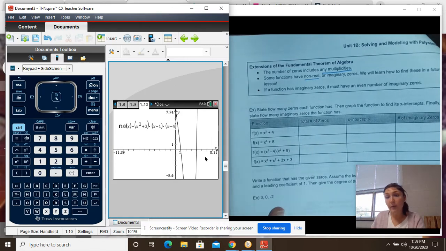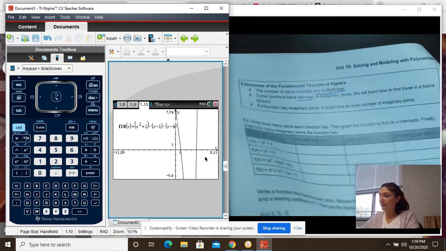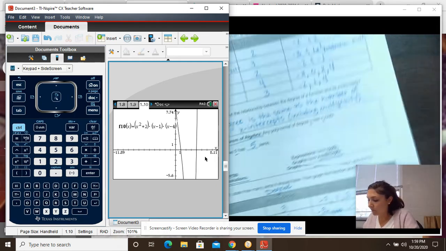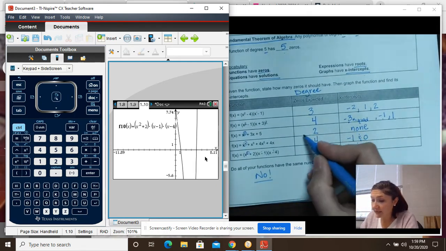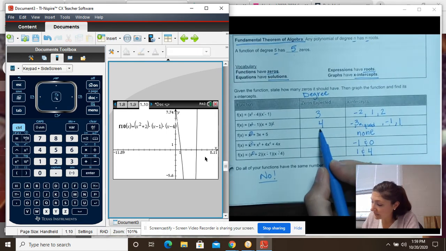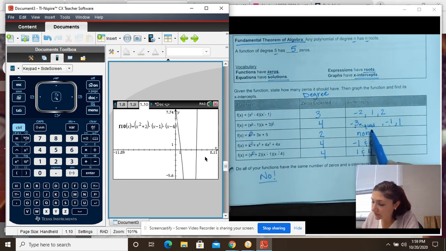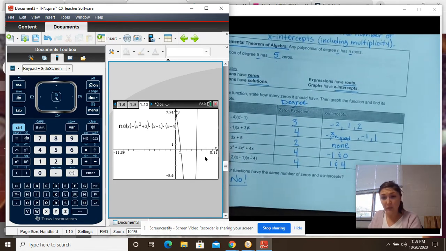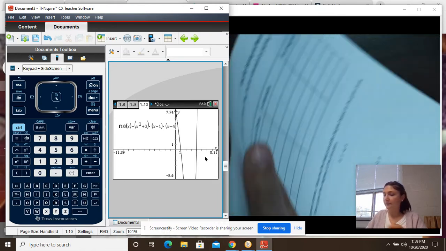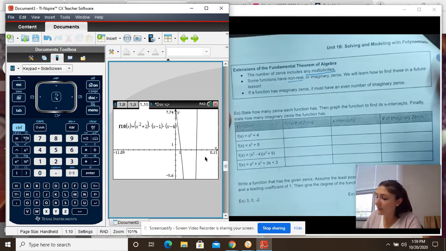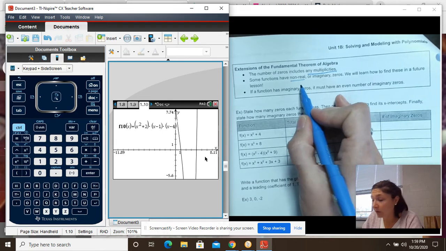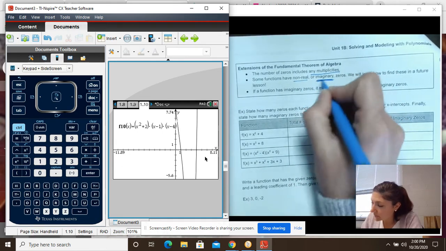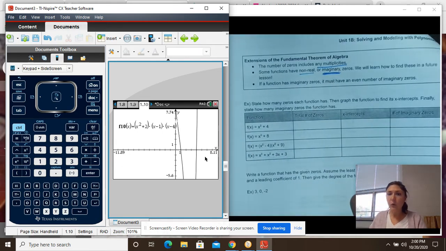So we're going to talk more about those in the future, but what that's telling me is that for these functions where I had a different number of zeros than I expected versus what I got, I've got some imaginary zeros happening there, okay? And again, we'll talk more about that in a future lesson. So it tells me that some functions have non-real or imaginary zeros, and that's included in my total.